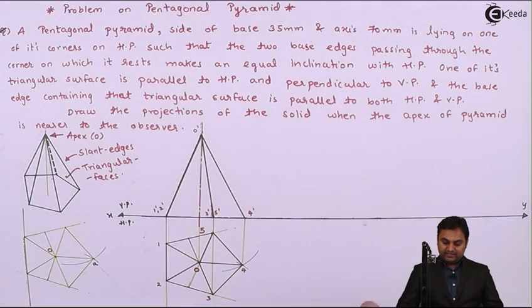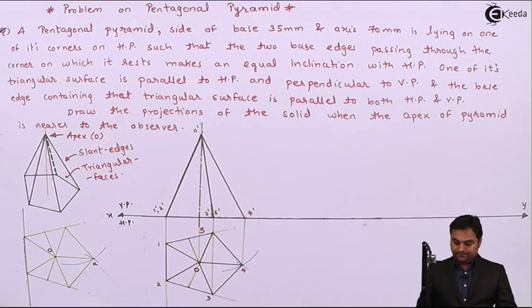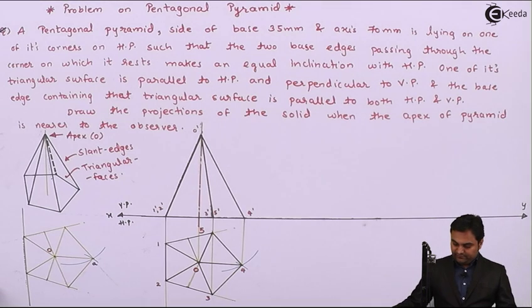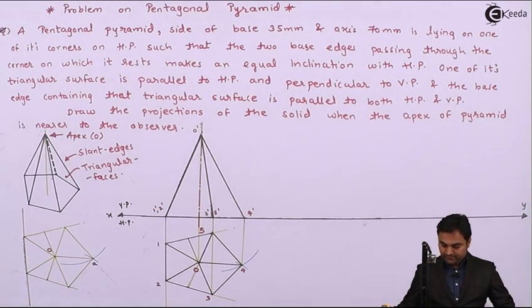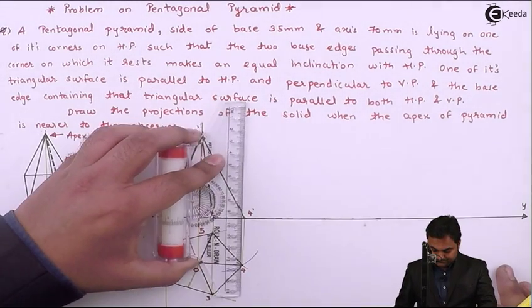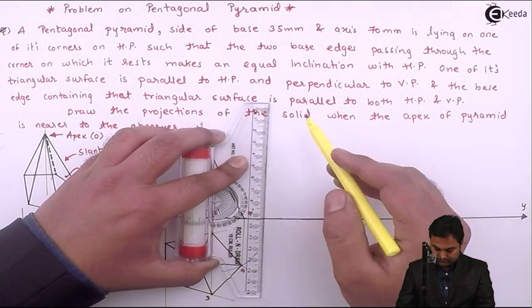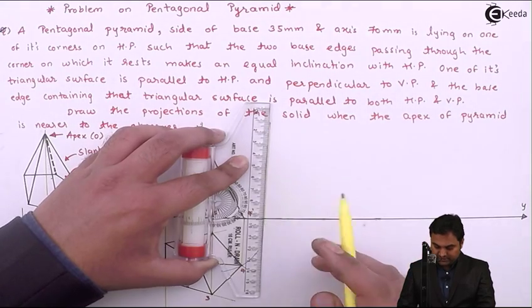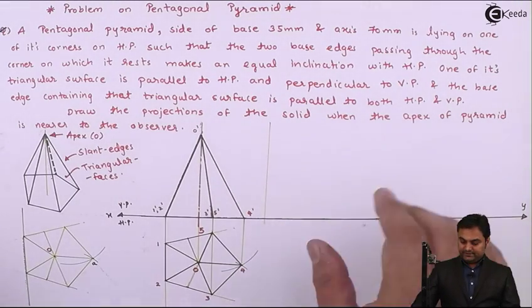So in the second condition, I'll have to make this parallel, and for that, first of all, I'll draw a light vertical line in order to make it parallel. Drawing a light perpendicular line.